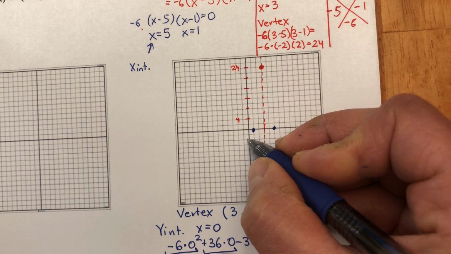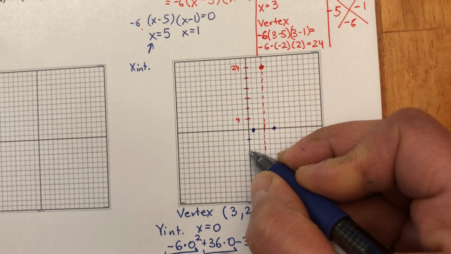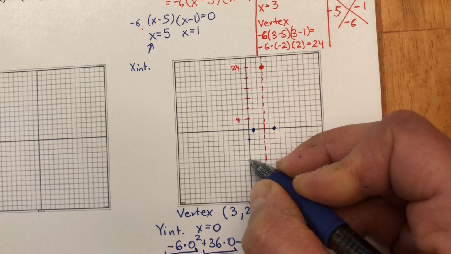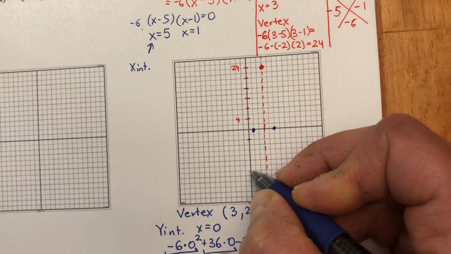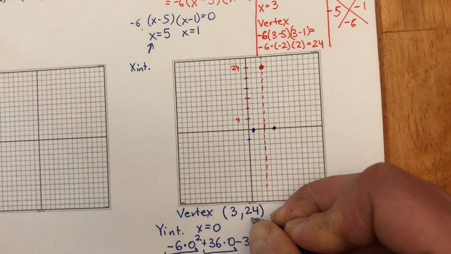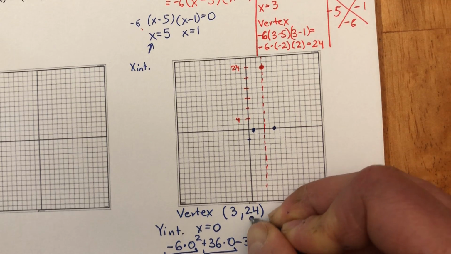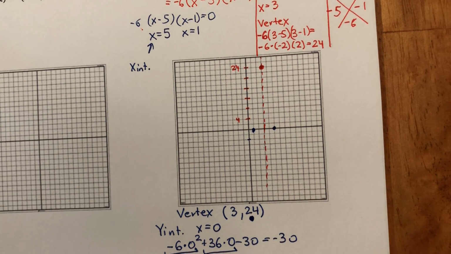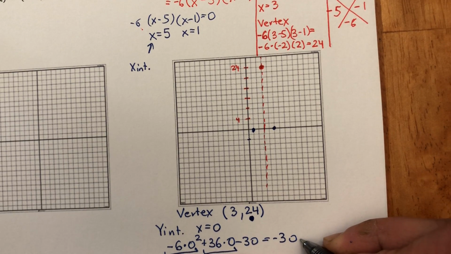Again, I went by 4, so 4, 8, 12, 16, 20, 24, 28. Well, I would be somewhere here. So I know that my y-intercept is at -30.